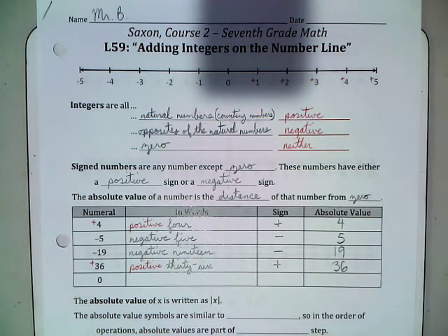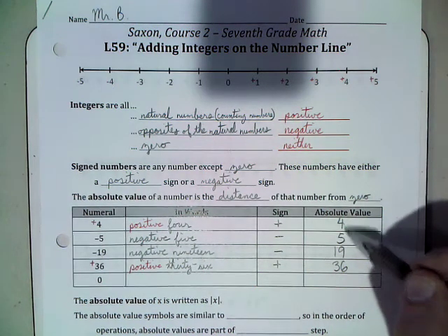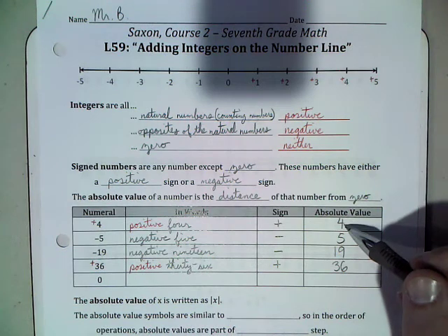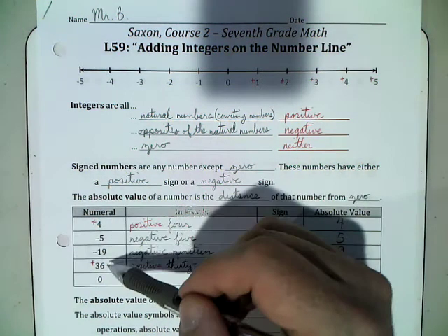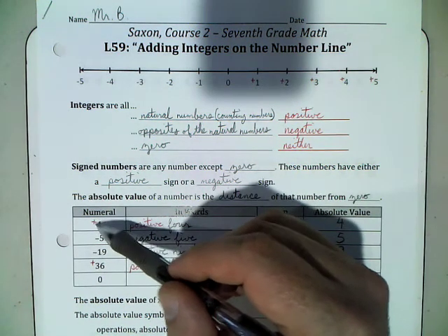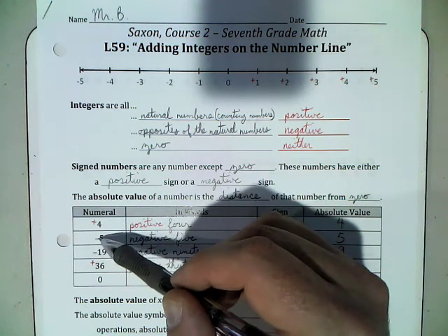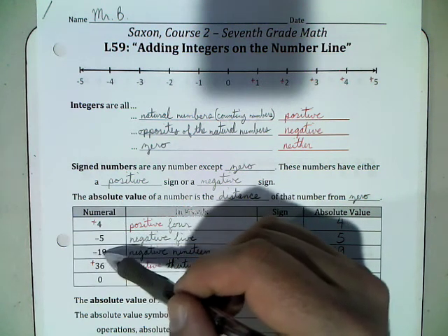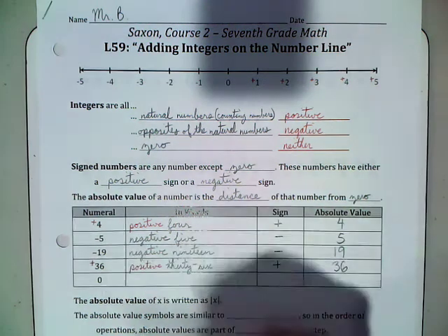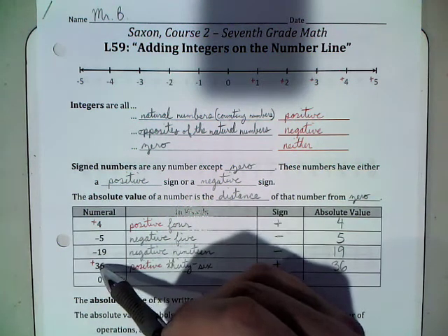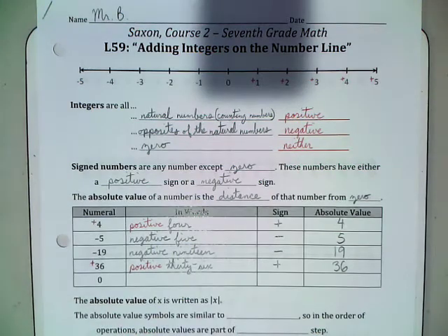So, ladies and gentlemen, one of the things that absolute value does is it takes these, which if we think about a number line, a positive 4 would be 4 units to the right. A -5 would be 5 units to the left. A -19, 19 units to the left. A positive 36 would be 36 units to the right of 0.